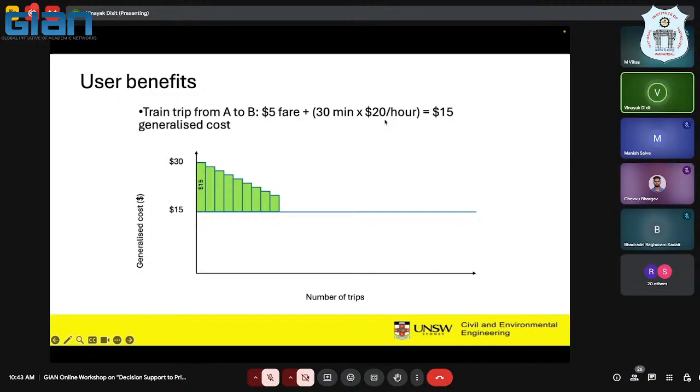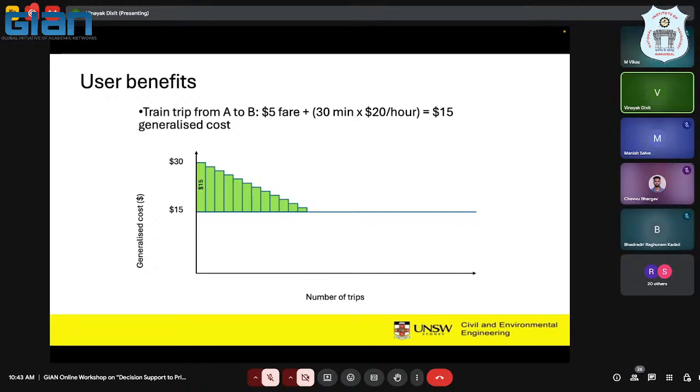That $20 an hour is the value of time. So if this is my generalized cost, what it is telling you is that if I reduce my generalized cost from 15 by $1 to 14, it will increase the number of trips.